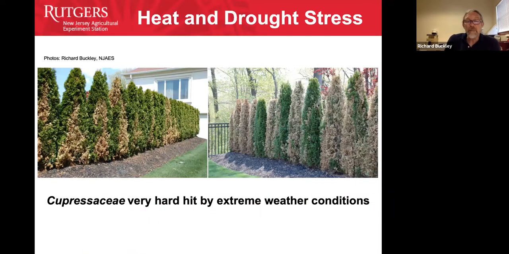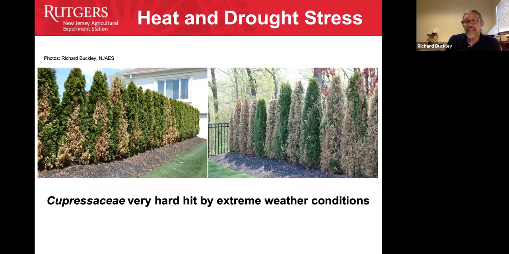And here's just an example of that. These are arborvitaes. I'm sure if you know me, you've heard me say I hate arborvitaes. I get them in my lab every day. They fail for a lot of reasons. In 2010 in New Jersey, we had more than 20 days over 90 degrees and 7 days over 100 degrees.